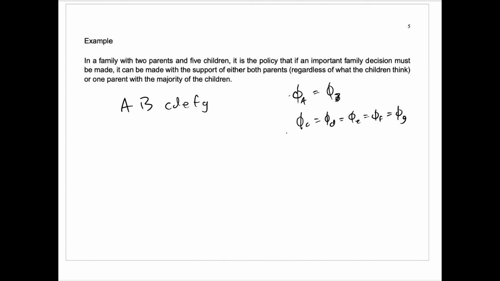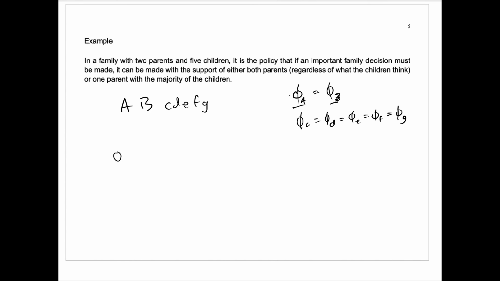Well, if we can compute any one of these, then knowing that all of these are equal, and knowing that these 2 are equal, and that the sum of all of them is exactly equal to 1, we can find all of the others. So we really need to compute just one.